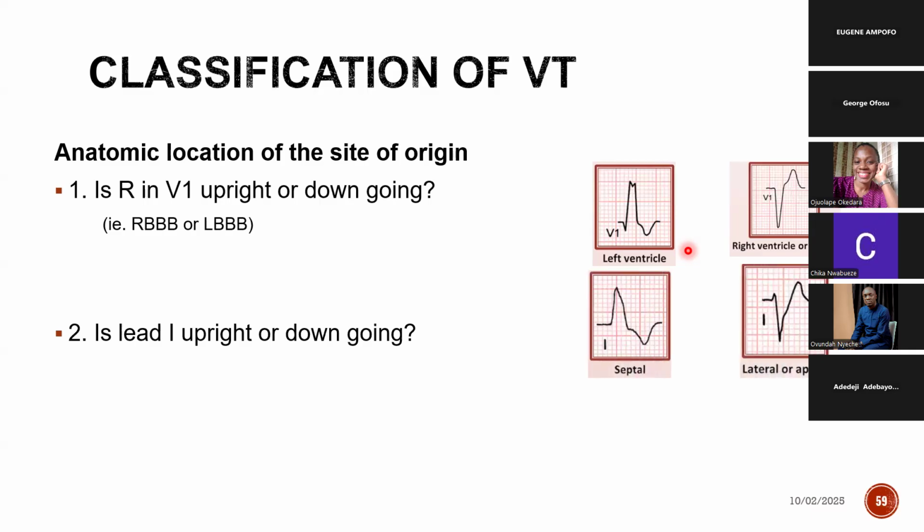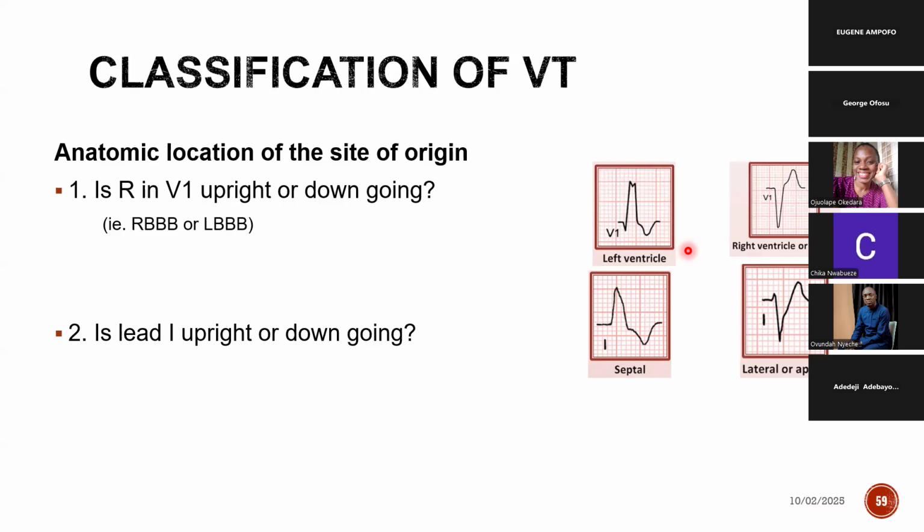If we come to V1, as we know, V1 is on the left side of the patient. So if you have upright going QRS complexes, what it means is that the impulses are going towards V1 or going towards the left side or the left arm of the patient. And that will mean that the impulses will be coming from the right side.